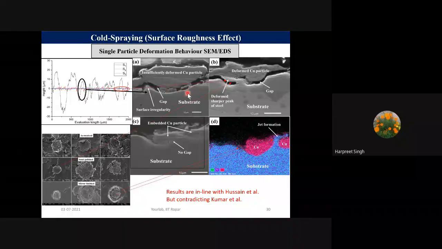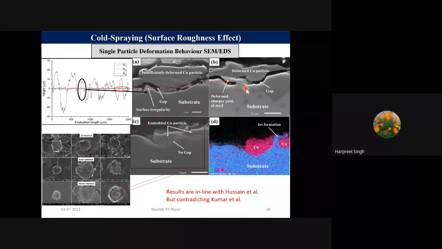These may be the hills on the surface of the substrate. The substrate has sufficient surface roughness, so we will have some valleys on it. Then the particles come, impinge on the surface, and try to deform these hills, but these are not completely deformed, or sufficient force is not there to fill these gaps.